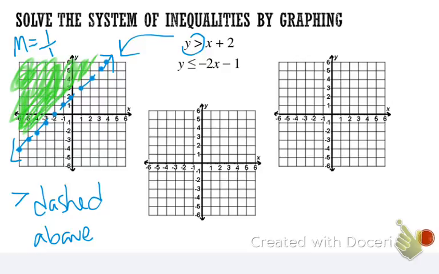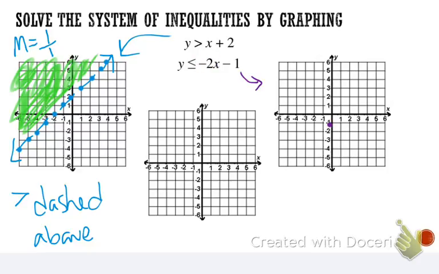All right. On this other graph over here, I'm going to graph this inequality. This one here. So start at the -1 on the y-axis, put a dot at -1, and then you're going to use the slope, which here is -2.